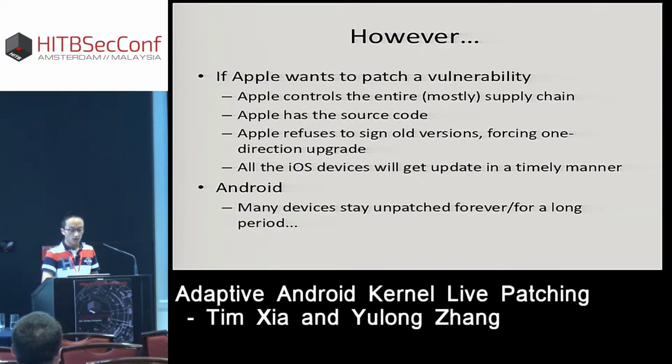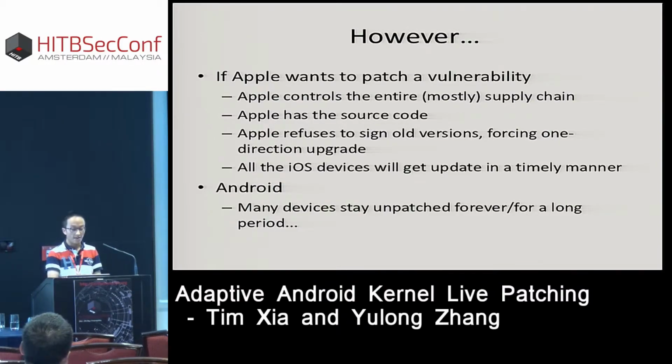Because if Apple wants to patch a vulnerability, Apple can patch it in time. Apple controls the entire supply chain, from hardware to software, and Apple has the source code, and the only copy of the source code. Apple doesn't have to worry about different models having different source code.